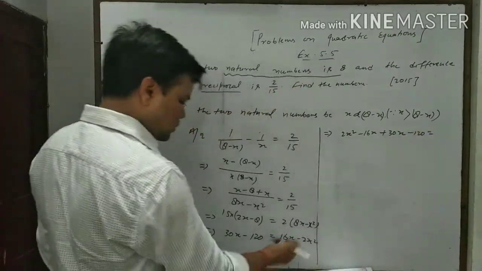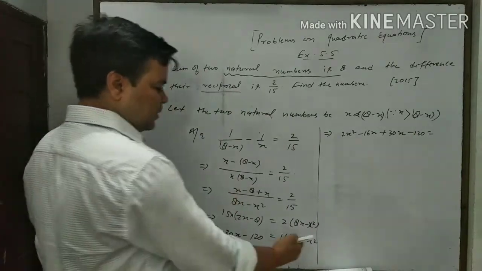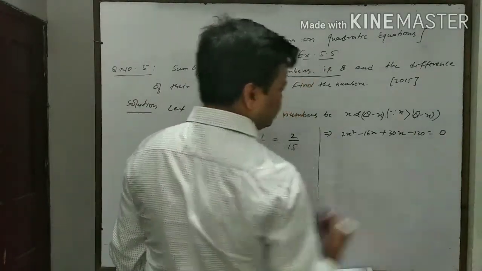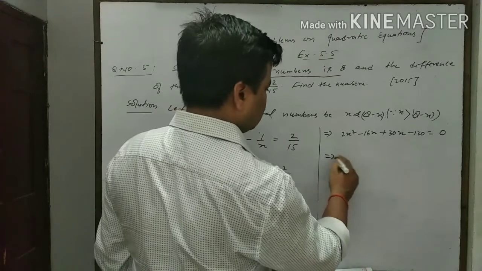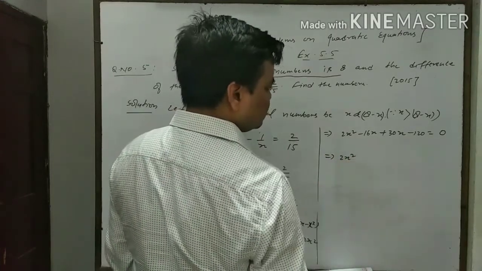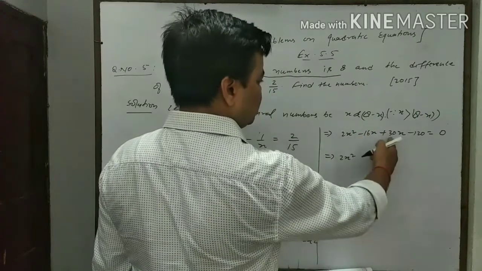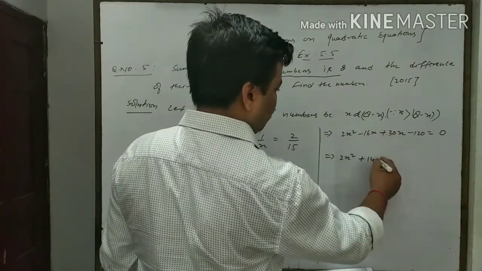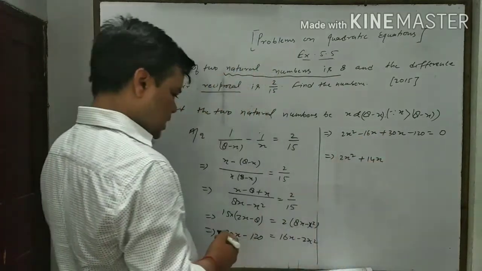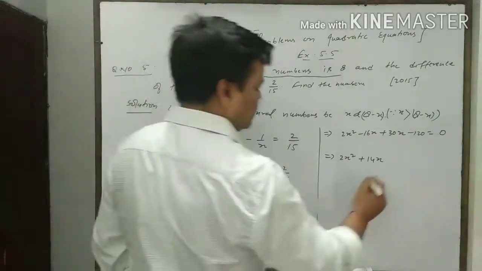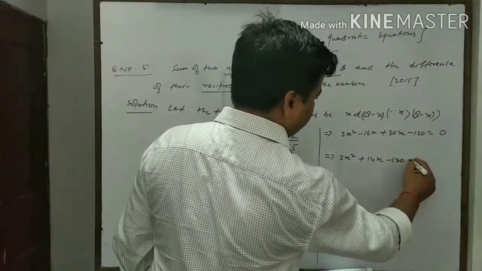If you transfer this to the left side, then the right side is 0. Now 2x square, and 16x minus 16x plus 30x will be 14x, and minus 120 is equal to 0.